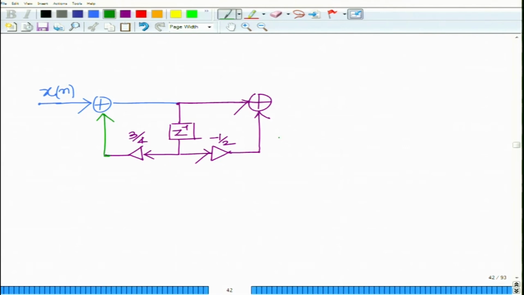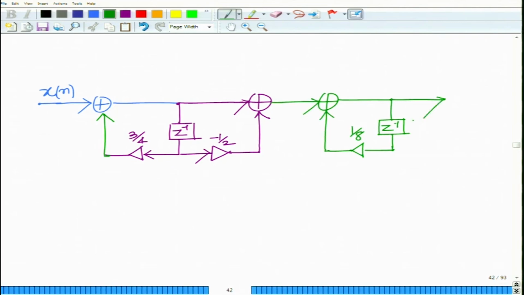Okay. And this is your first factor, and then the output is basically again, this goes into Z inverse, and this is 1 over 8, and the output of this is basically nothing other than your y of n. All right.